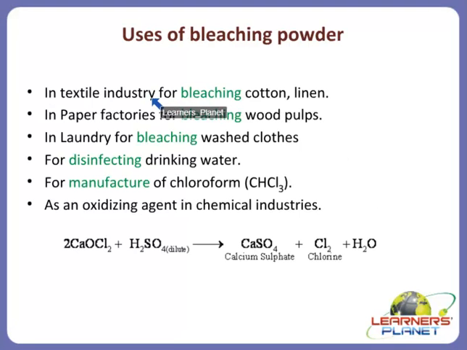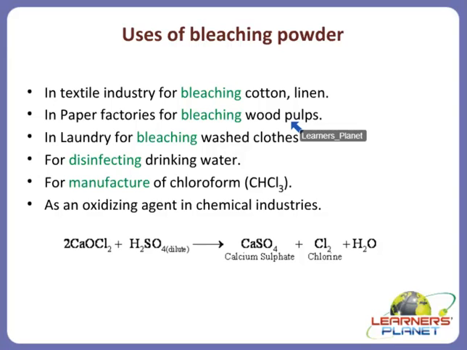It is used for bleaching everywhere. Bleaching means decolorizing a substance, oxidizing a substance, removing stains, all those things. So in the textile industry, for bleaching cotton and linen. In paper factories, again for bleaching wood pulp. Wood pulp has its specific color, that is brown.